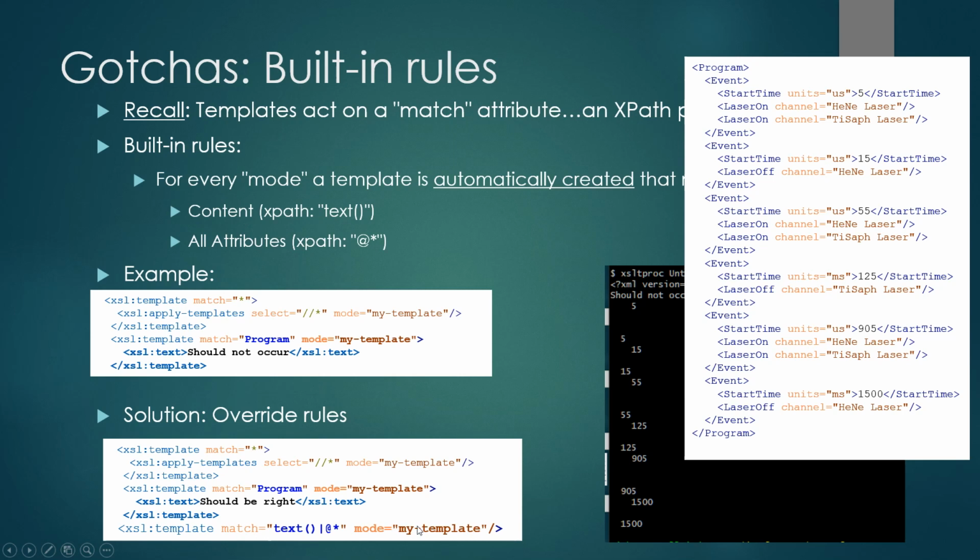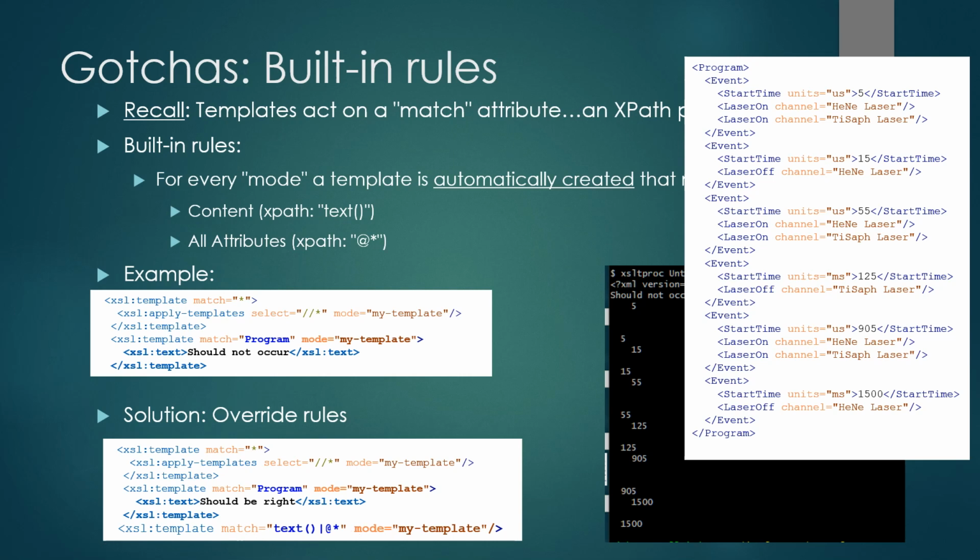We gave it the same mode, so anytime we called myTemplate up here, it was going to run one of these anyway. We just simply turned it off. Basically, we made it an empty rule by having a template with no content inside. There's nothing inside that template, so it's a self-closing tag, and that's how you override this.